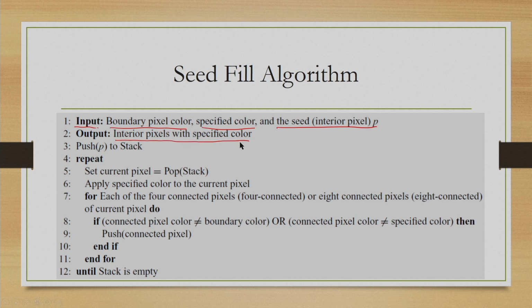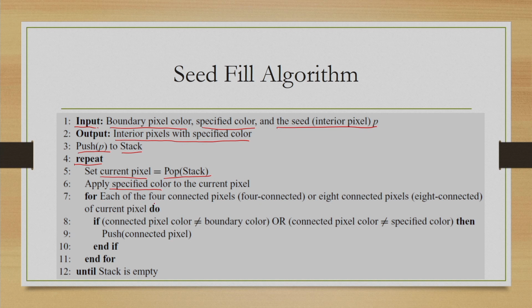That is our objective. We start with pushing the seed pixel to a stack, and then we enter into a loop where we set the current pixel to be the stack top pixel by popping it from the stack, apply specified color to that pixel, then we make use of the connected property.